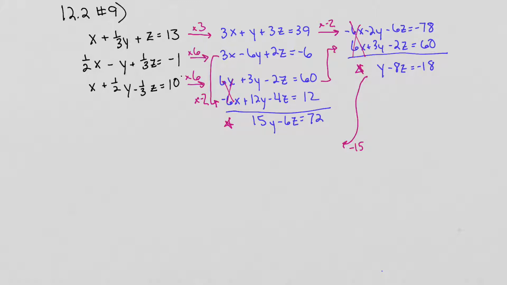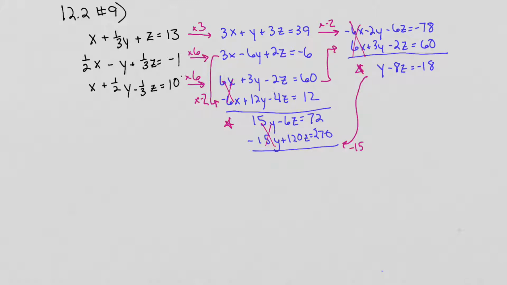Okay, so times -15. -15y plus 120z, and I better get out a calculator for this one. -15 times -18. So that would be +270. And we add these up. This time the y's are eliminated. I almost forgot to double check my arithmetic. -15y, +120z, and 270.